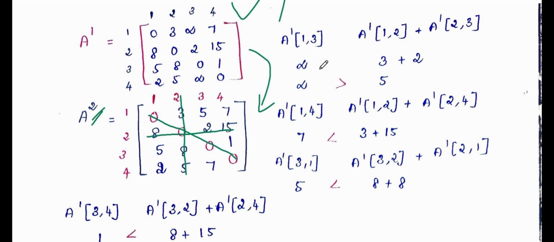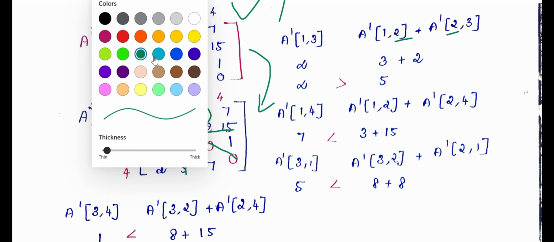So likewise you find 1 to 3. How to fill this value as 5? You find the direct distance. 1 to 3, what is the value? That is infinity, right? Then through the intermediate vertex 2, that means 1 to 2, 2 to 3. What is the value? We find based on this.